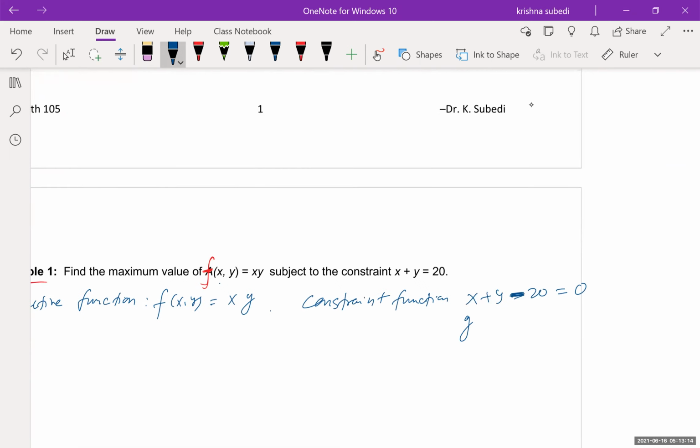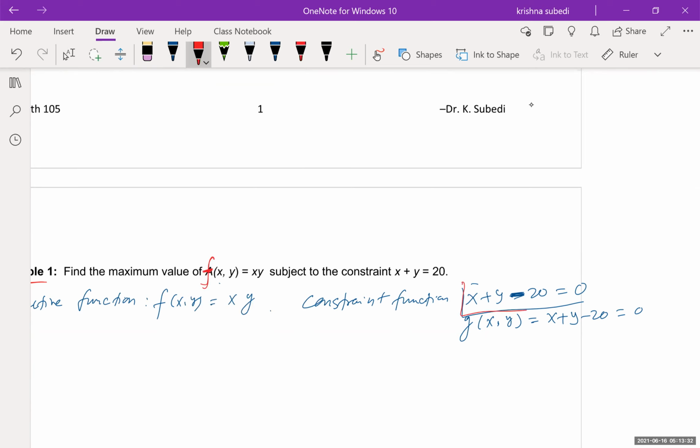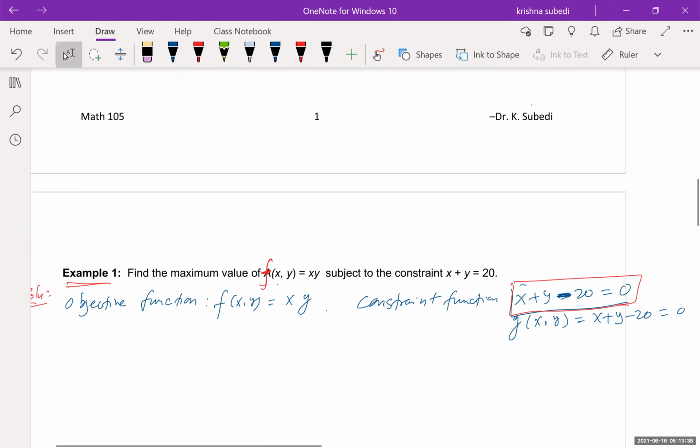I represent this function by g. This is the constraint function. All right, now step 1.